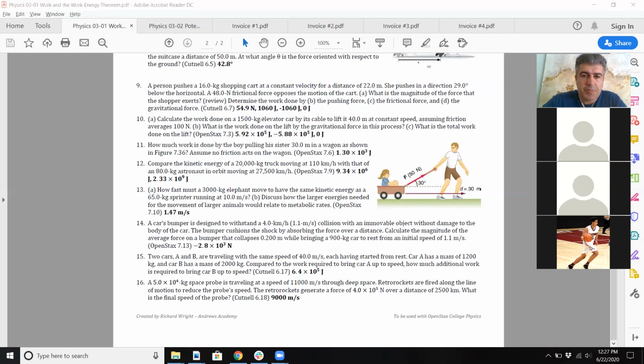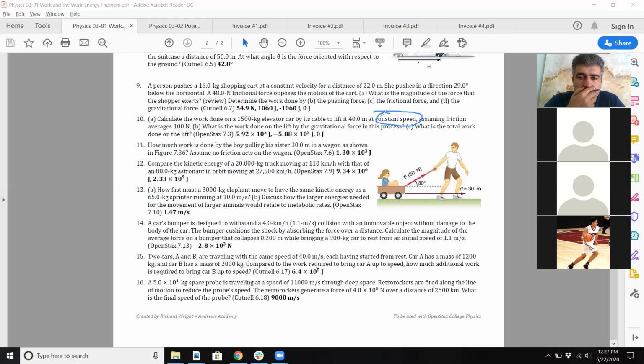Calculate the work done on a 1,500 kilogram elevator car by its cable to lift it 40 meters at constant speed, assuming friction averages 100 newtons. So calculate the work done.